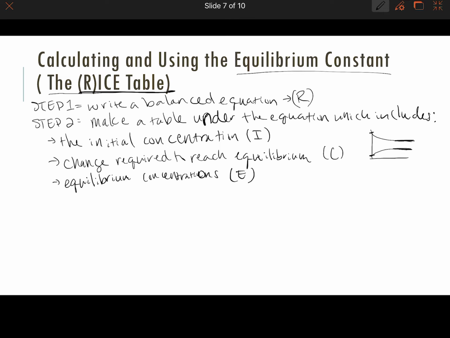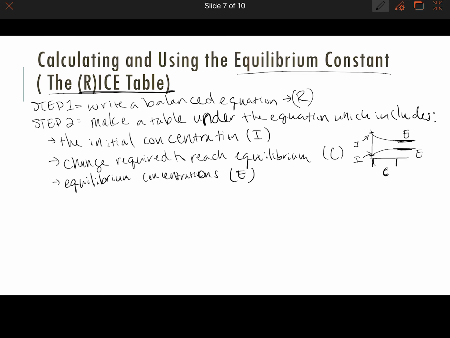So this is our initial. From here to here is our change, and right here is our equilibrium. That's kind of what we're looking at with these RICE tables.